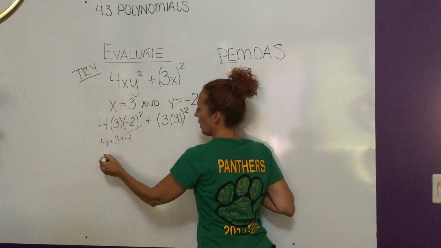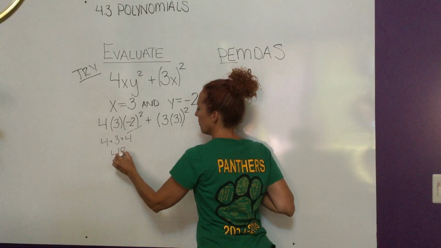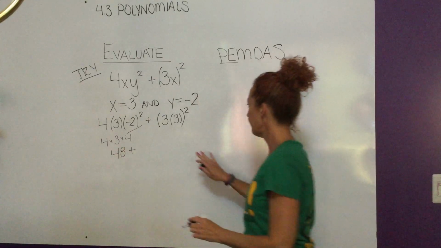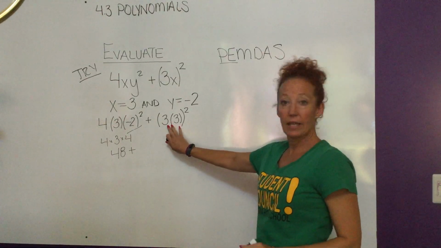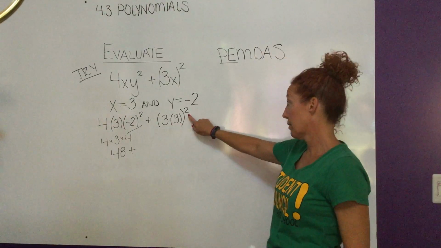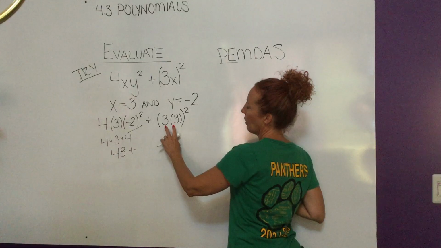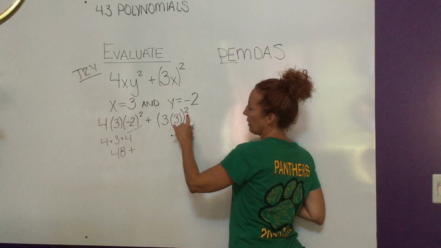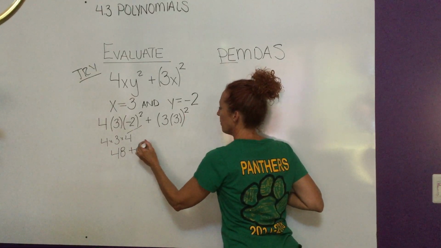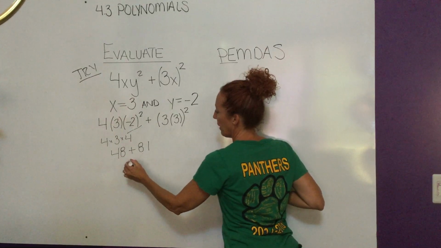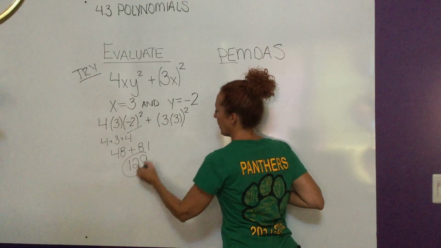So 12 times 4 is 48. Plus, we have to do what's inside here first this time because the square is on the outside. 3 times 3 is 9. Squared is 81. 48 and 81 make 129.